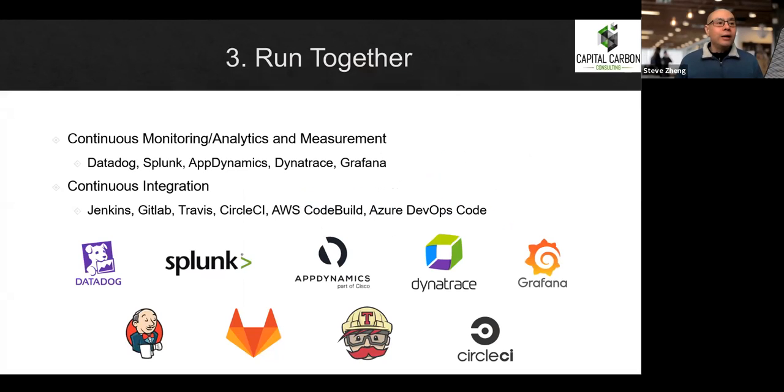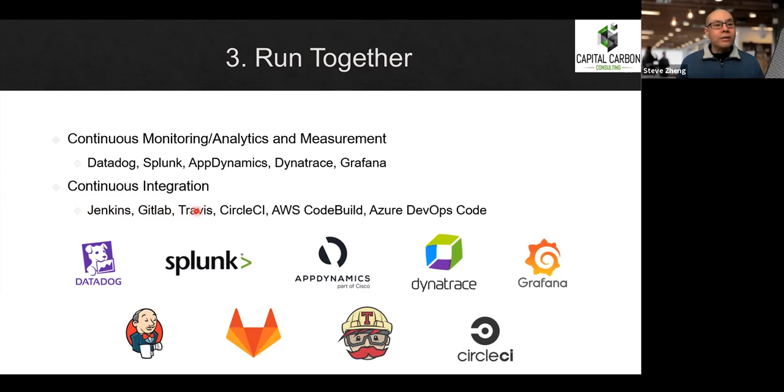The next one, as I said just now, CD is not a standalone platform. By successfully implementing CD, you need some other platforms. The two most important groups are, the first one I put here, continuous integration.